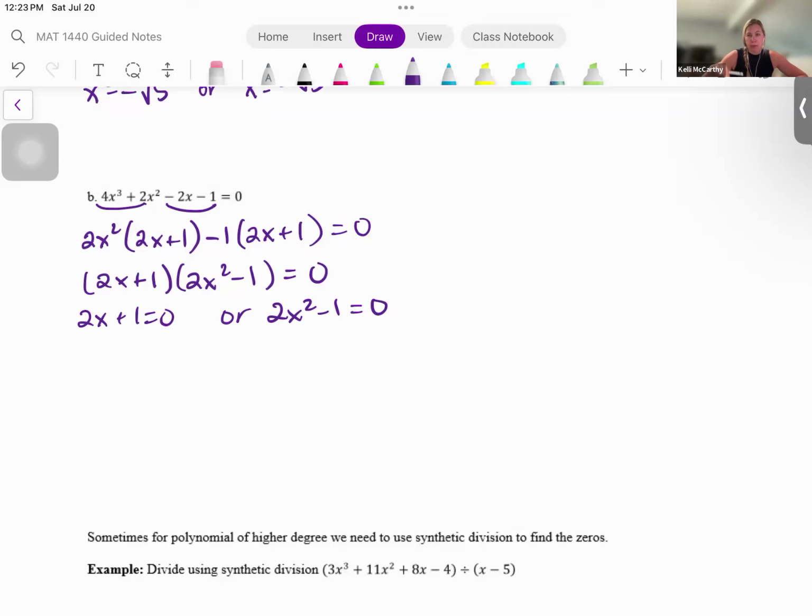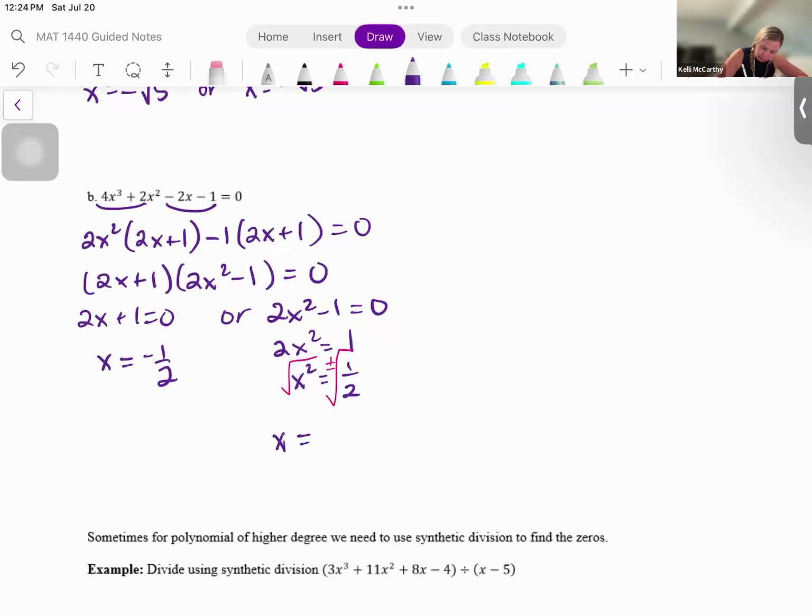I opted to write both of these out. The first one I can solve in my head, x is equal to -1/2. But this second one, because it is quadratic in nature, I'm going to take my time and go through the steps. So I've got 2x squared equals 1. X squared equals 1/2. And when I take the square root of both sides, I need to add that plus or minus.